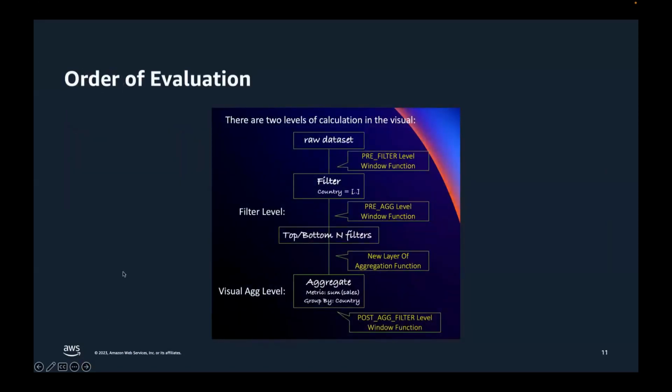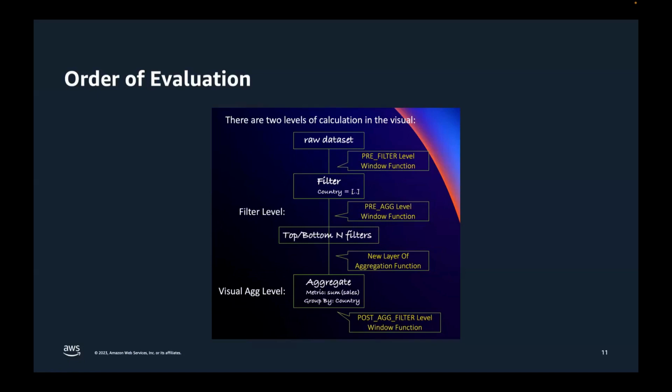Now, let's talk about the order of evaluation. Pre-filter level window functions get evaluated very early, at this stage after the simple calculations. After that, any filters that you use will take place. And after that, pre-ag level window functions will get evaluated.